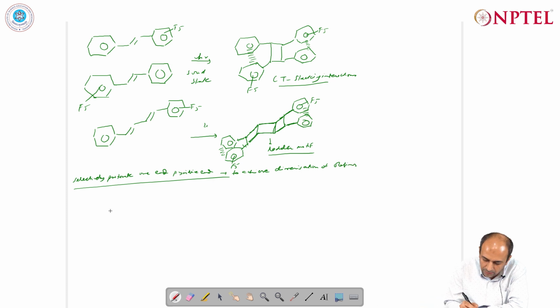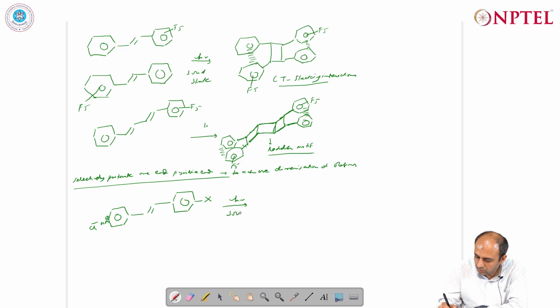So for example, let us consider this particular reaction where you have the hydrochloride. Now you have protonated the pyridine, and we have the corresponding halogen here, and h nu, solid state.